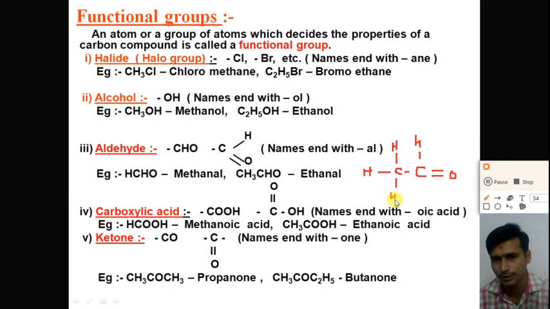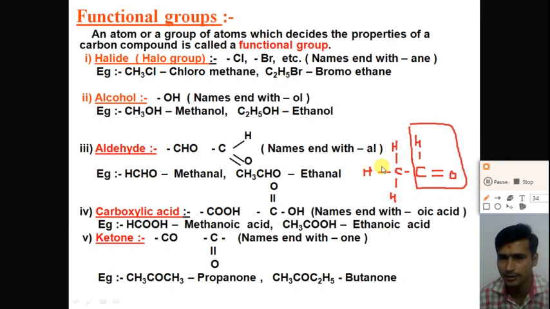So the name with the molecular formula is CH3CHO. This CHO group is for the aldehyde group. So here two carbons are there, so the name is from the two-carbon ethane, and from the ethane the name is ethanal.